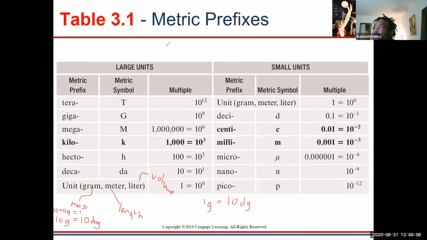Sorry, I said 10, that should be 1 decagram. 100 grams is going to equal 1 hectogram.